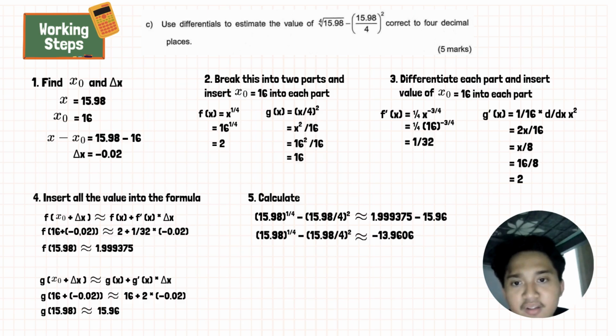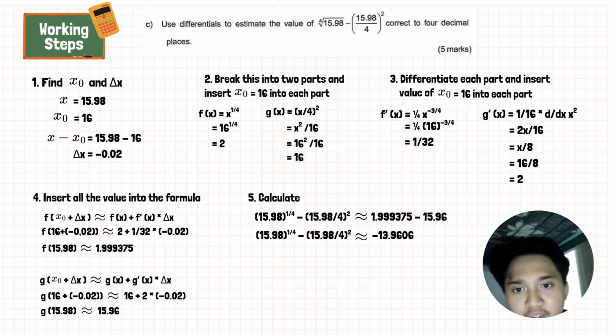And then for the second step, we need to break this into two parts and insert x0, which is 16, into each part. So we divide it. We get f(x) equal to x^(1/4).